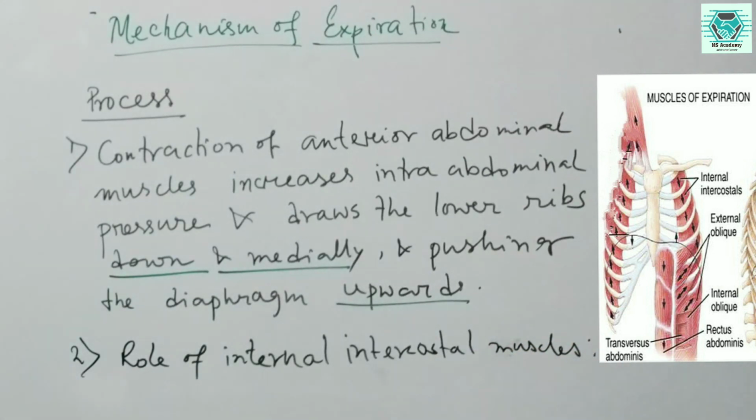You can see in the diagram, on contraction they pull the upper ribs down so that the ribs acquire the position, as we can see in the diagram, at the end of expiration.